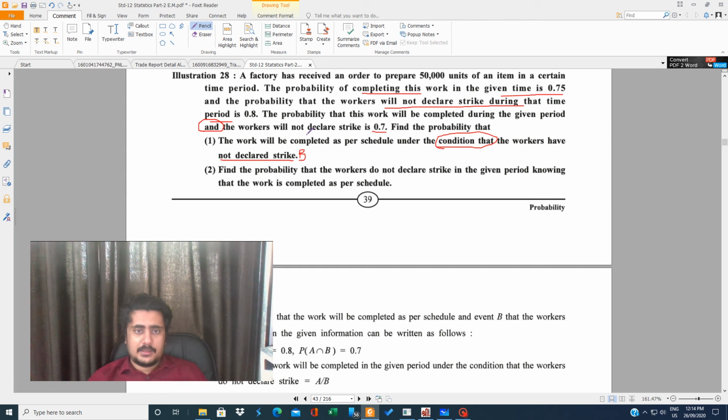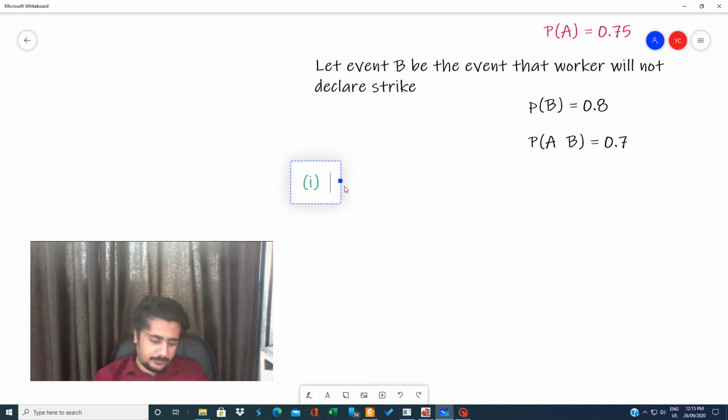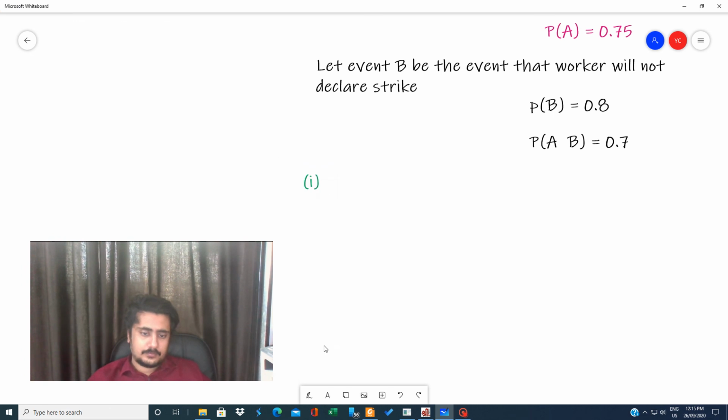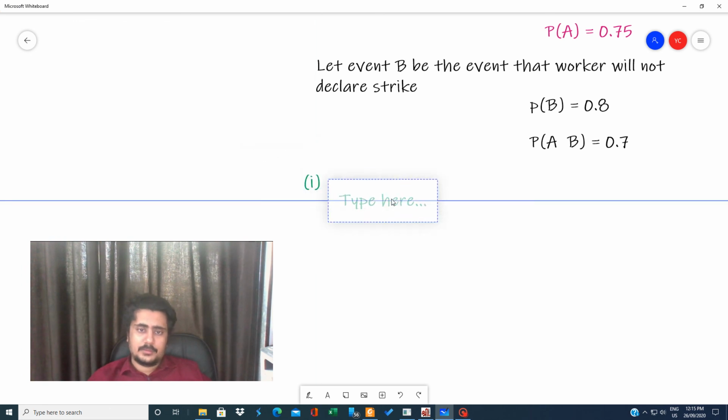That means question starts from event A: work will be completed as per the schedule. There is a word condition that, from which we can know it is the question of conditional probability. After this, worker have not declared strike, that means B will be there. Whatever the event is following the condition will be in the denominator. So your answer to this particular question is P of A upon B.